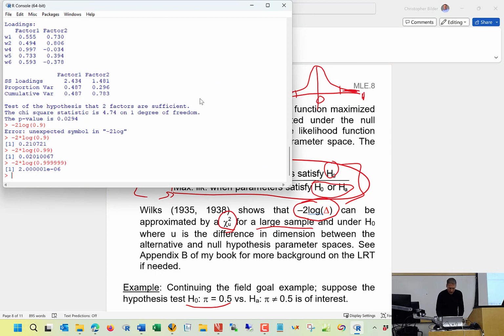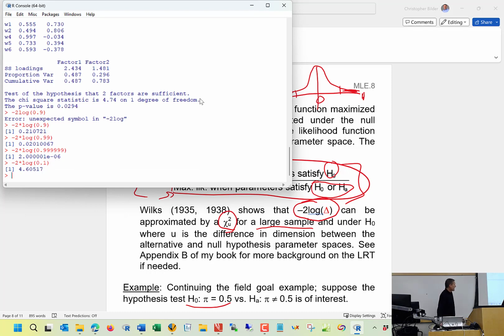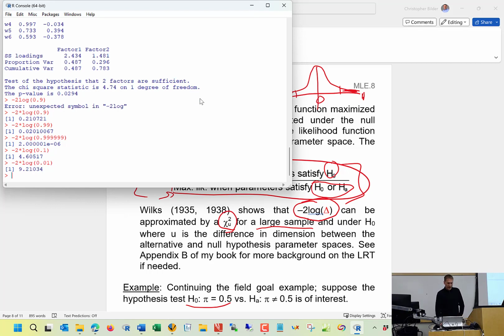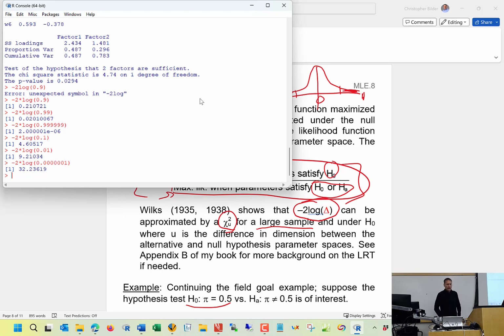What does that mean then for our transformation? Well, let's look at 0.1 for delta. We get a value of 4.6. Suppose I put 0.01 in there for delta, and you can see that as delta goes to 0, -2 log delta increases.